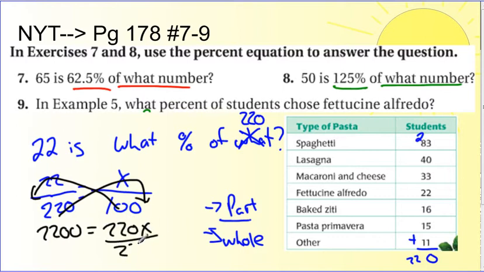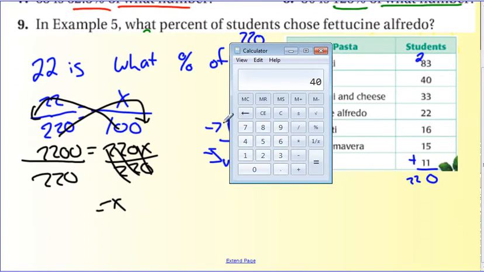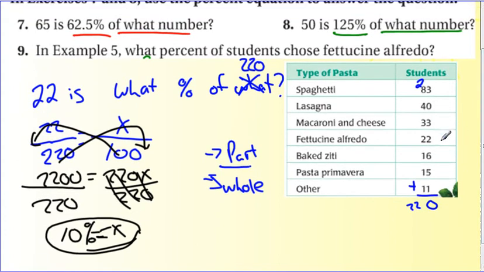Divide by 220 on both sides, and x equals 10. Our label is percent, because we were asked to find what percent. 10% of the students chose fettucine alfredo as their favorite.